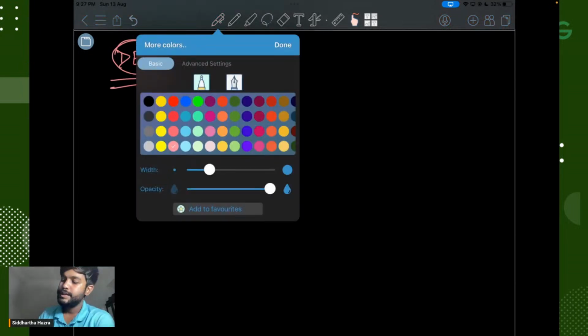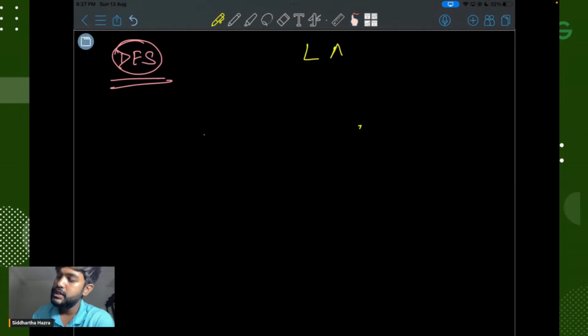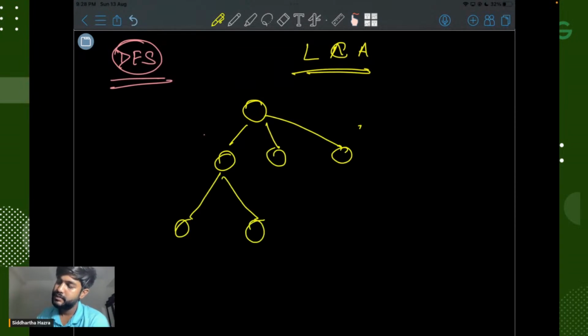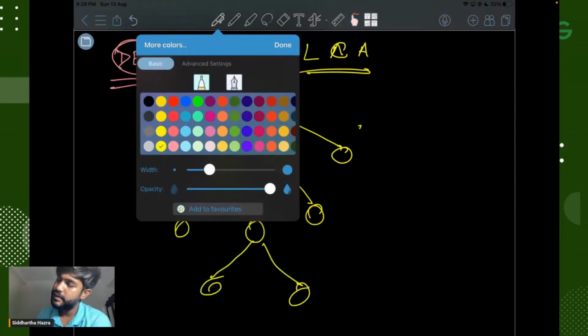Okay. So now see, the very first concept is the lowest common ancestor. Lowest common ancestor, as the name suggests. Okay, let's draw a simple tree. And this is good enough.